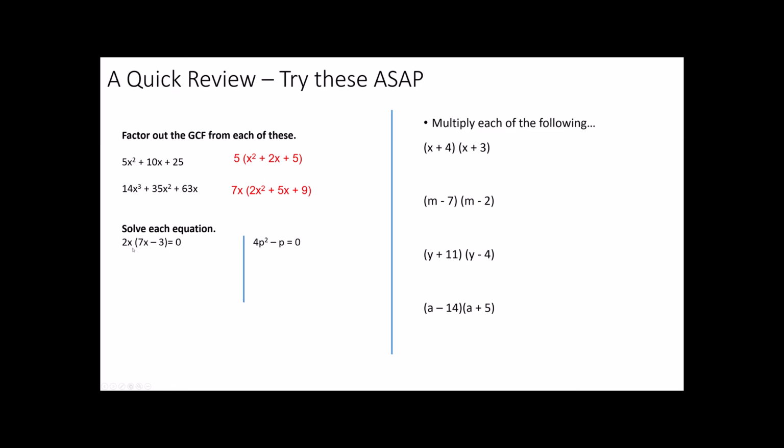How about down here? Solve each equation. Notice that I have an equation that is in factored form. It's in factored form because it is the product of several polynomials. Notice we have this monomial 2x being multiplied by the binomial 7x minus 3, and they equal 0. The zero product property tells me that if two things multiplied together equals 0, one of two things must be true.